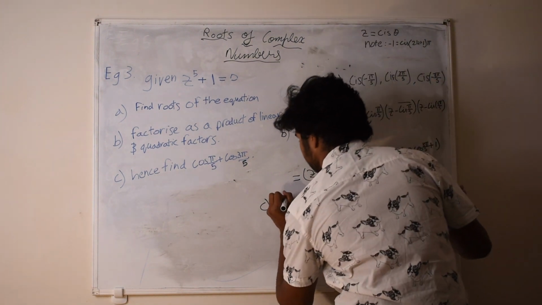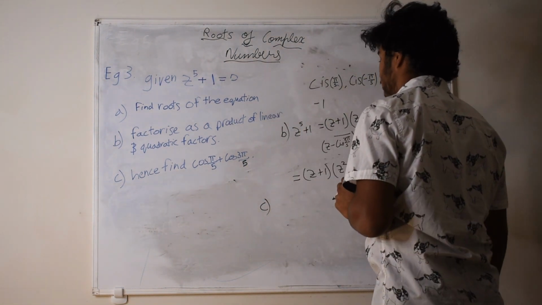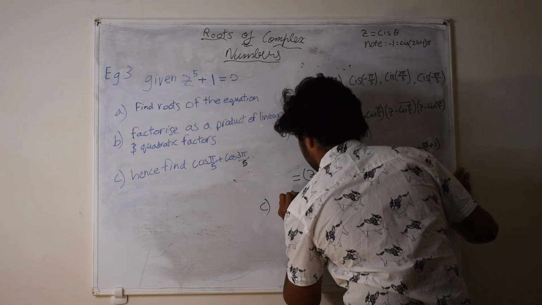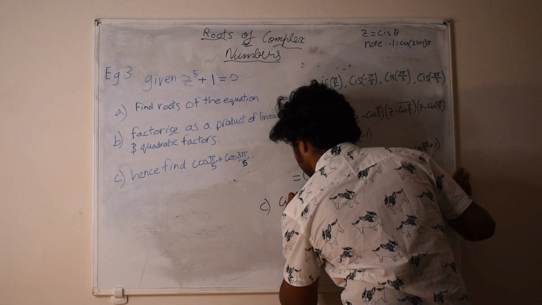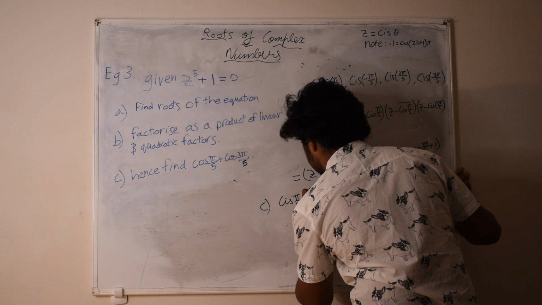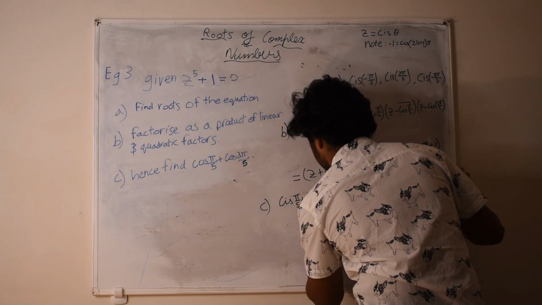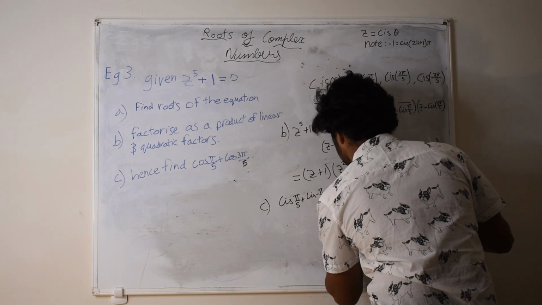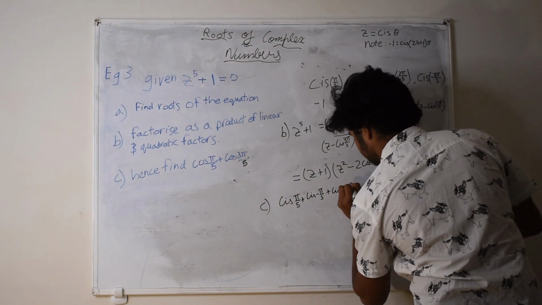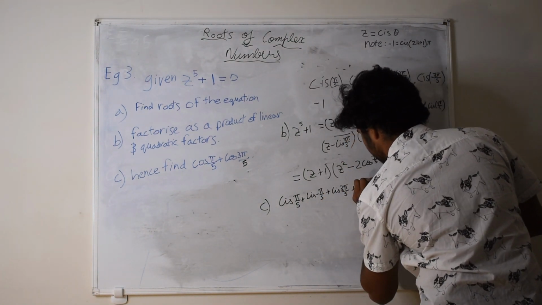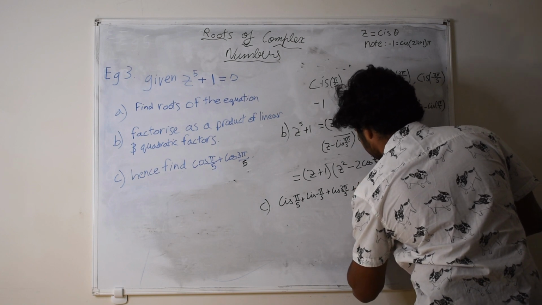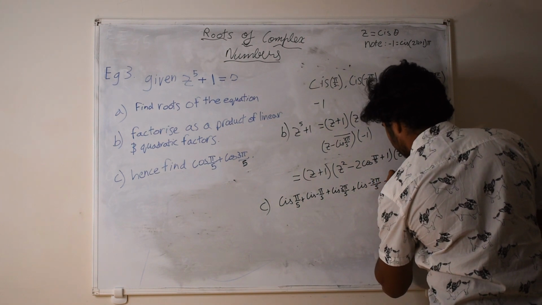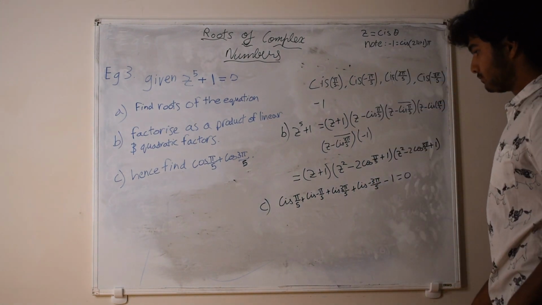Let's come back. We can do cis pi on 5 plus cis minus pi on 5 plus cis 3 pi on 5 plus cis minus 3 pi on 5, correct? Minus 1 equals 0.